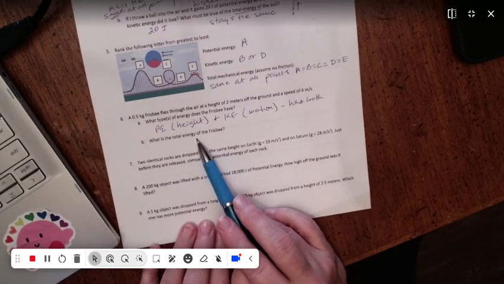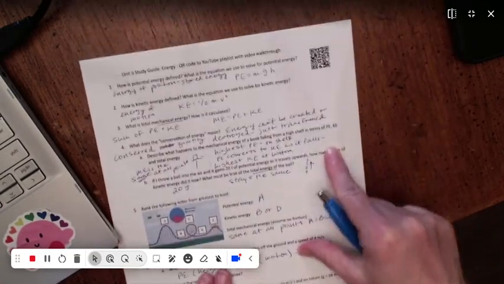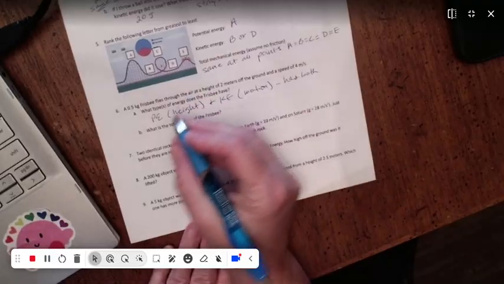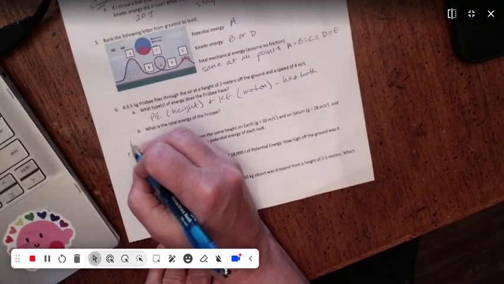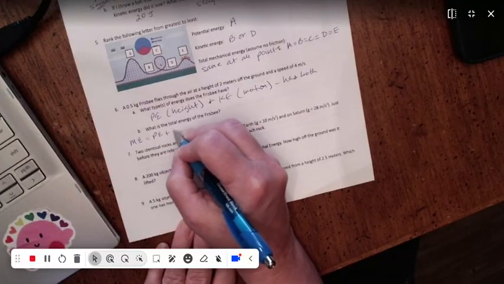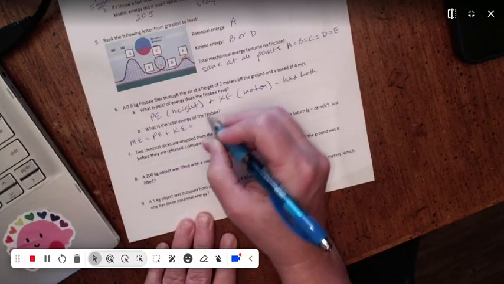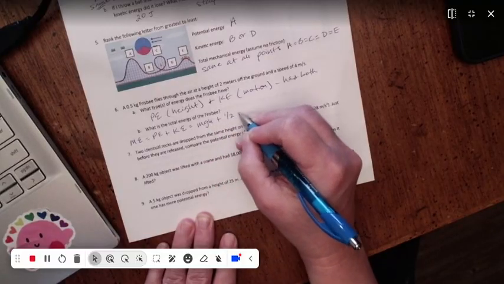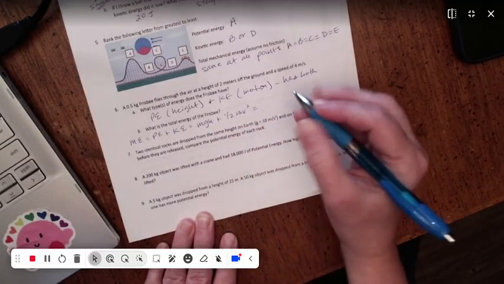Well, I can get that by using my two equations that we talked about up here to calculate for the frisbee. And I'm going to add those up. So I'm going to have my total mechanical energy of my frisbee equals potential plus kinetic. So I've got mgh plus 1/2 mv squared.